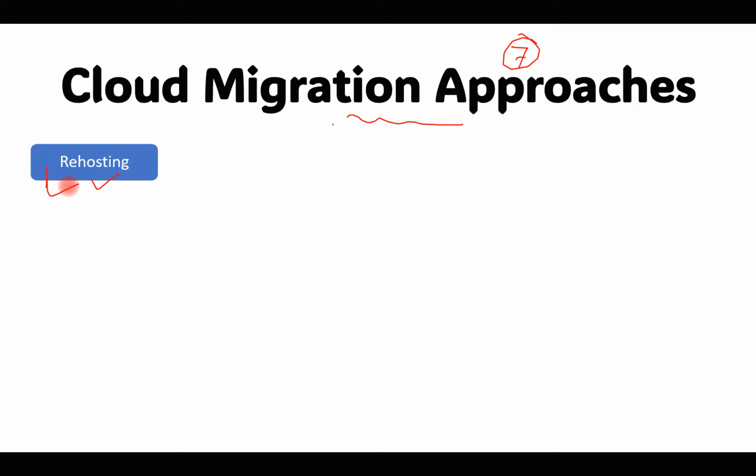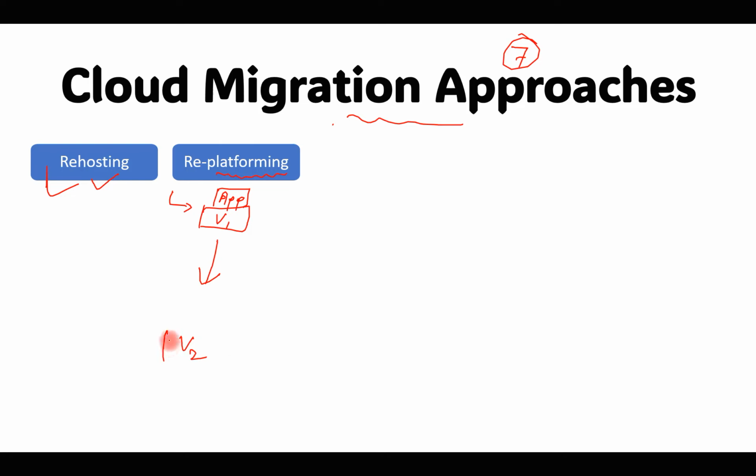If we talk about the next approach, that is replatforming. As the name mentions itself, here we need to make changes in terms of platform. For example, if you are using a Linux platform, and your application is running on version 1, then when we migrate to cloud, it will be on the second version of Linux.